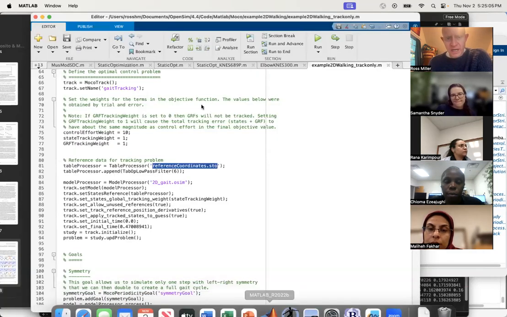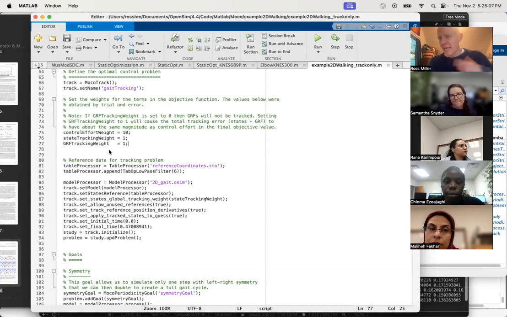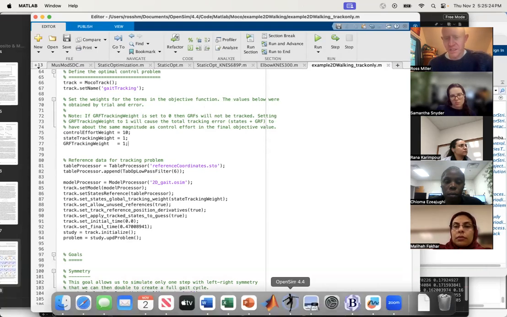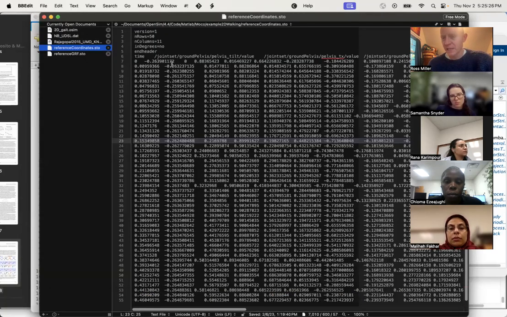You probably saw when we ran this that when it finished and animated itself, it was kind of a strange looking, herky-jerky walking motion. I think it was tracking a result of a predictive, minimum energy expenditure simulation from that model. I don't think those reference coordinates in this file here are actual human experimental walking data. I think it's results from some other simulation.